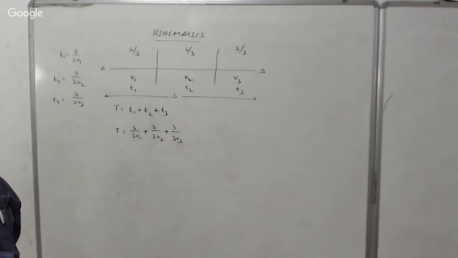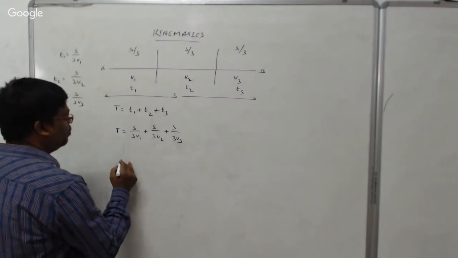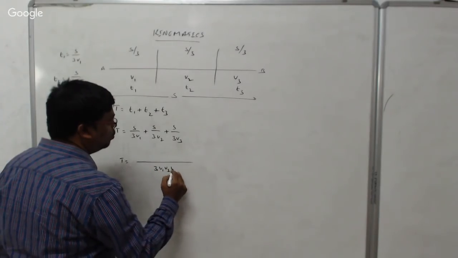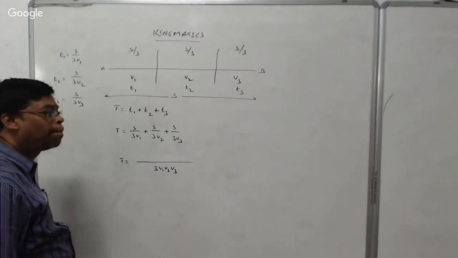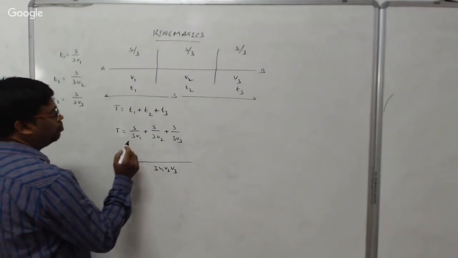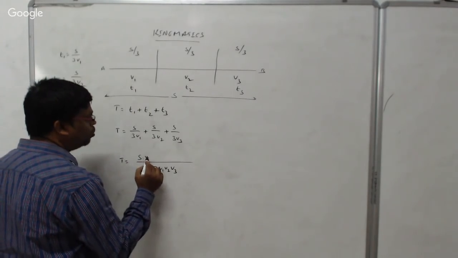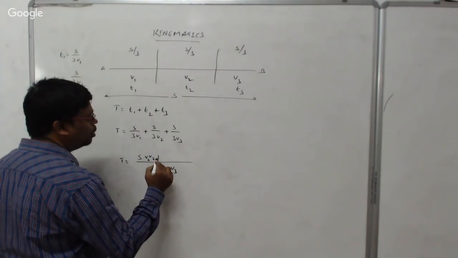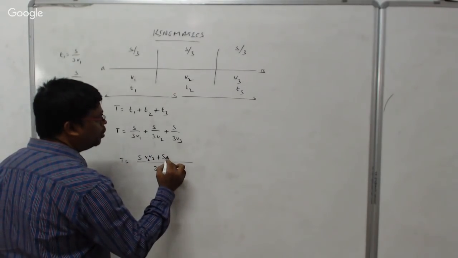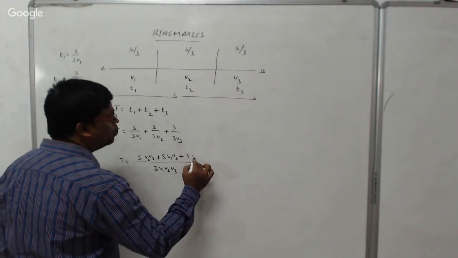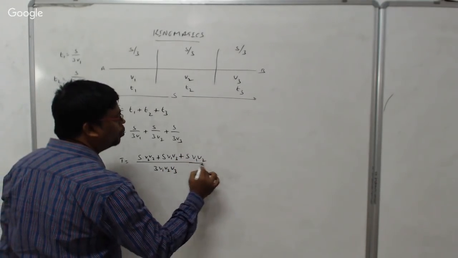Now what will be the LCM here? The LCM will be 3 V1 V2 V3. Now coming to the first 3 V1, what is left over? S into V2 V3 plus S into V1 V3 plus S into V1 V2.